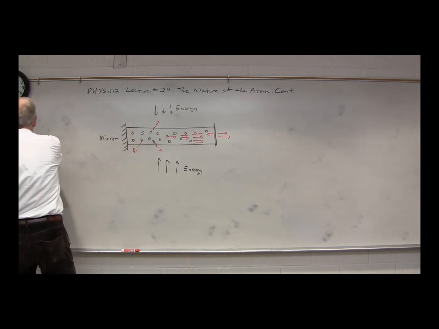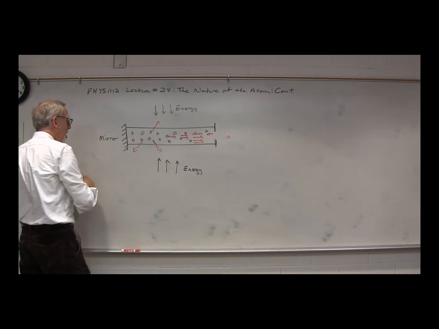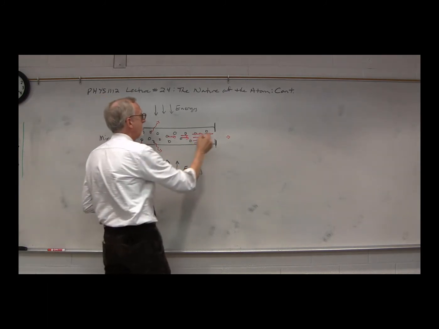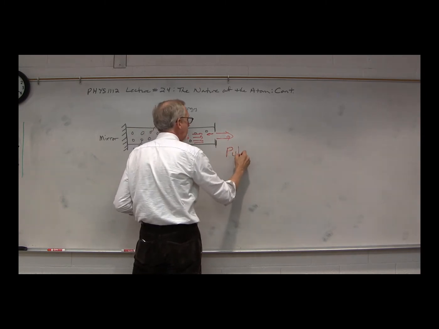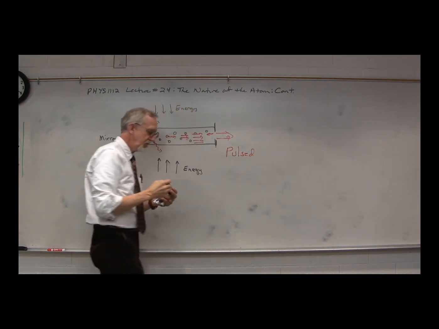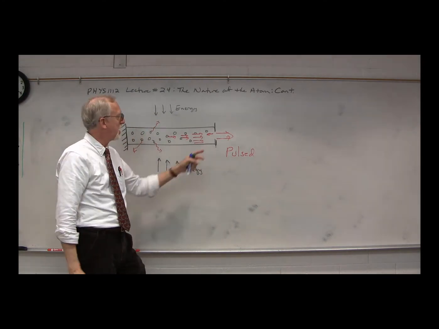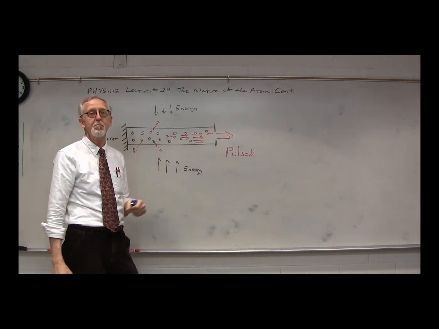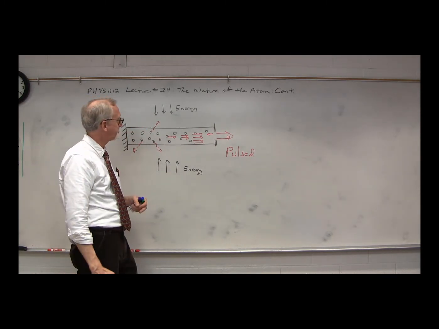Then we open up an opening here and allow all of that laser light to come out all at once. That's what we call a pulsed laser. So that will give us a very, very strong pulse of light, but then we've got to close it off again and let it build up to get more power in the light again.